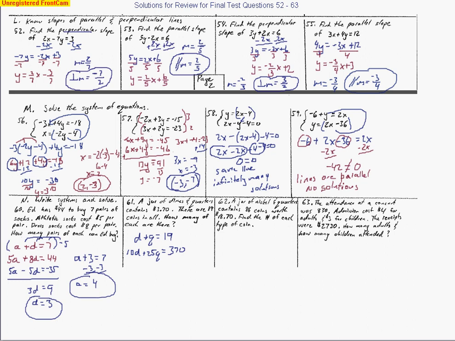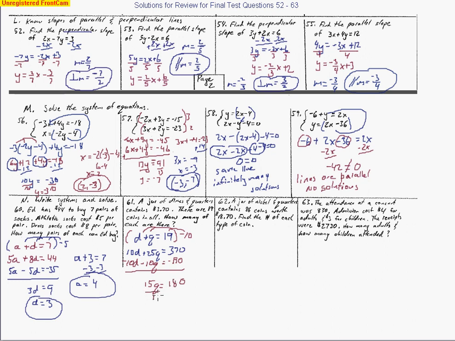So they want to know how many of each type of coin. Well, let's go ahead and multiply this top equation by negative 10, each of those numbers. So I end up with negative 10D minus 10Q, all equals negative 190. So I do some subtraction. 15Q equals 180 when I do the subtraction.